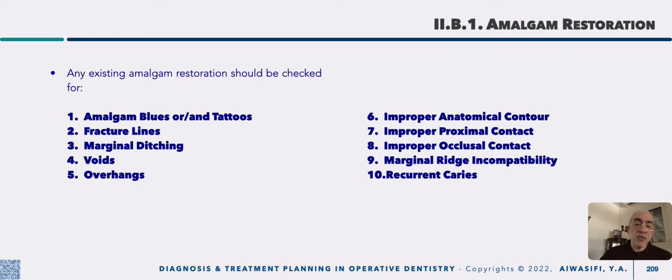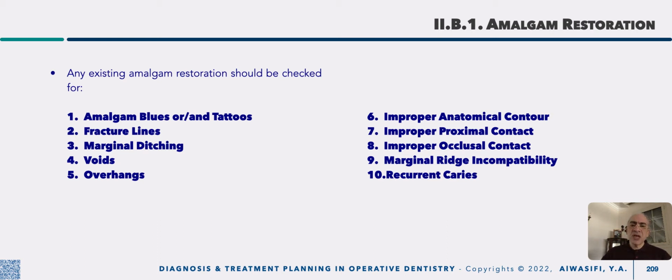Still up till now, amalgam is one of the best adaptive restorative materials to cavity walls and margins, as a direct restoration inserted in its plastic phase inside the cavity.